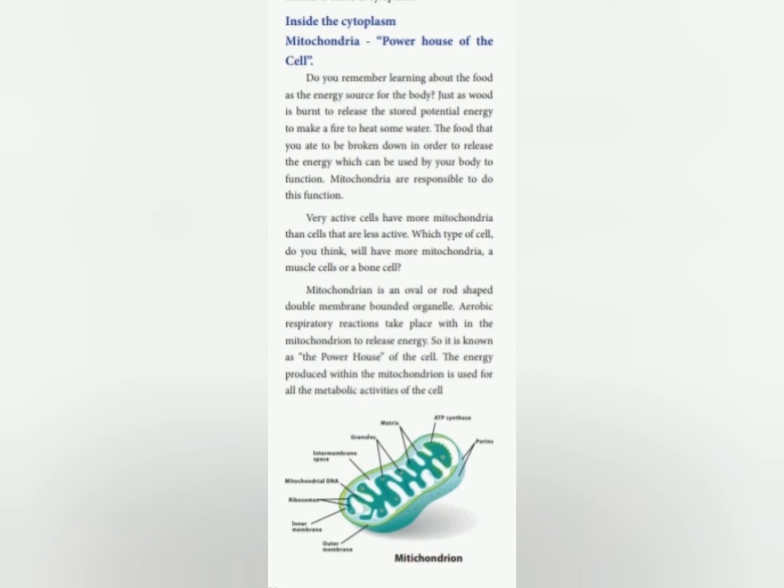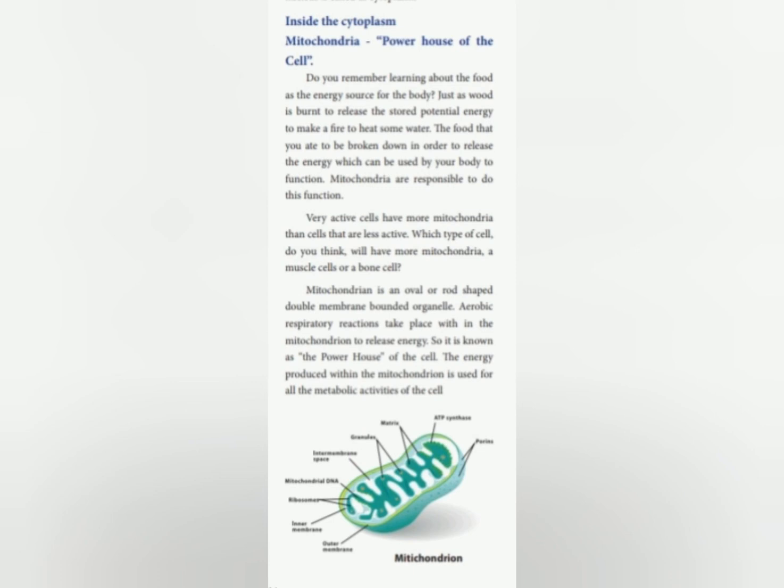Cells that are less active contain a smaller amount of mitochondria. Mitochondria is an oval or rod shaped double membrane bounded organelle.